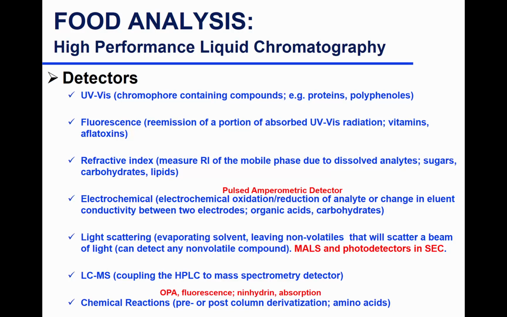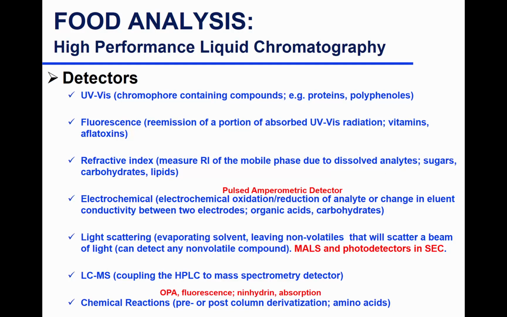And here are examples. Vitamins and aflatoxins are compounds that actually absorb UV radiation, UV-vis radiation, and can fluoresce.